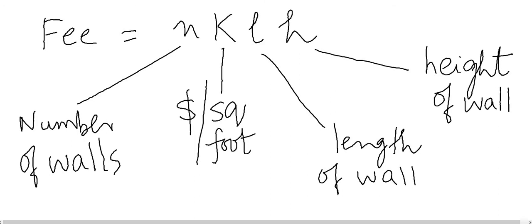Alright, so if now you apply a more expensive paint, this will not change, right? And the number of walls are the same, even if you go to something more expensive in terms of paint. The length does not change. The height of the wall is again a constant, does not change with the cost of paint.